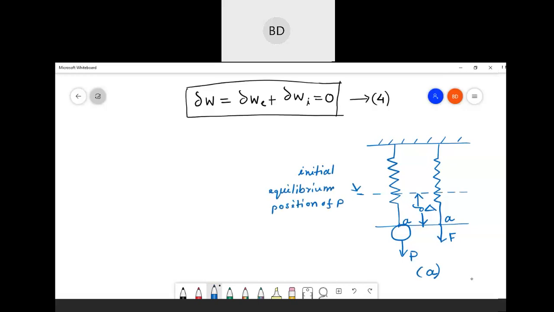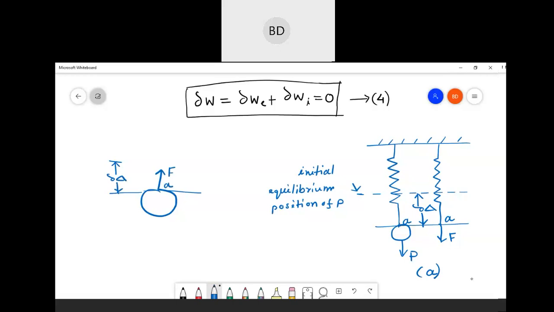Now we have to draw figure B, that means the free body diagram. The free body diagram will be like this. The circle you have to draw. So there will be del delta, and the reaction force F in the upward direction.